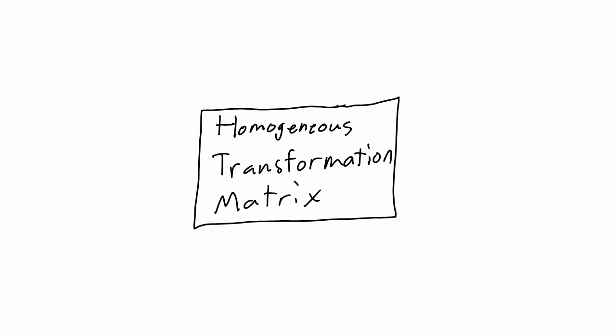Previously, we have been introduced to a kind of matrix called the homogeneous transformation matrix, which allows us to calculate the location of the end effector of the robot manipulator for any values of the joint variables.